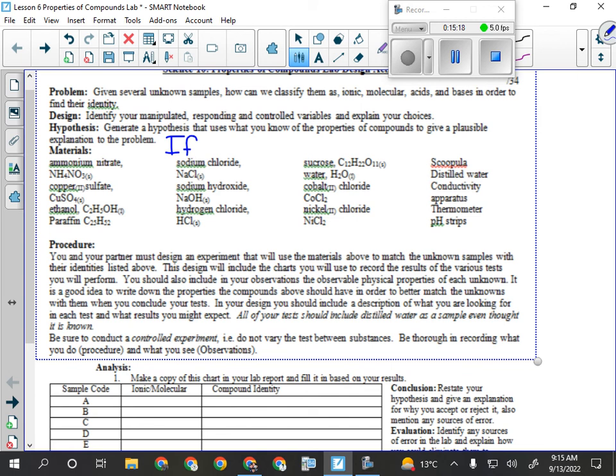So the if part of your hypothesis needs to talk about the unique nature of physical properties. If each substance has unique physical properties, and elaborate.